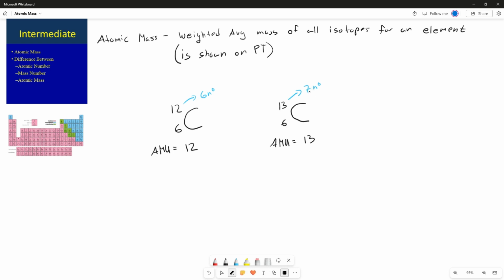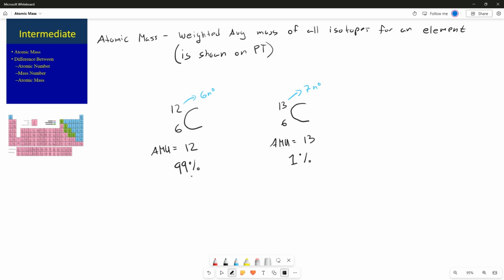The next thing we need to know, and this is very important for calculating atomic masses, is their percent abundance. 99% of all carbon in the universe exists as carbon-12, and 1% exists as carbon-13. Now, these percent abundances are not something that you're going to be able to just see on most periodic tables. It's something that you're going to need to look up.